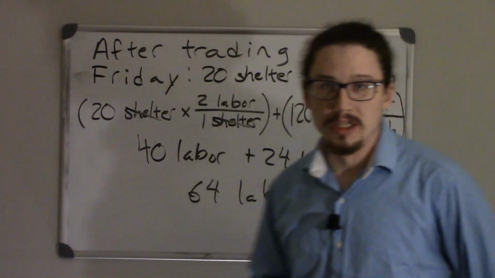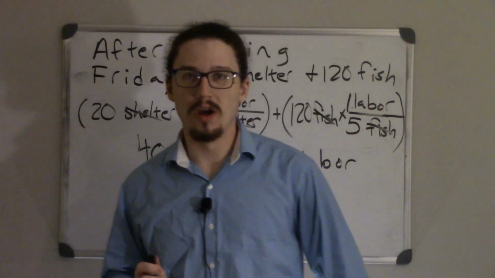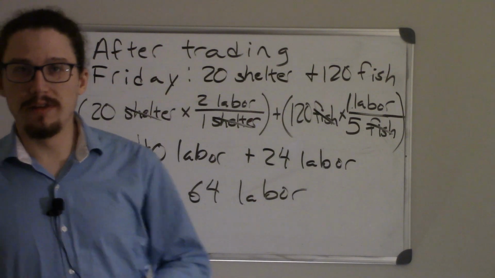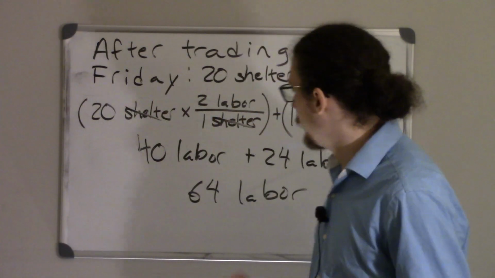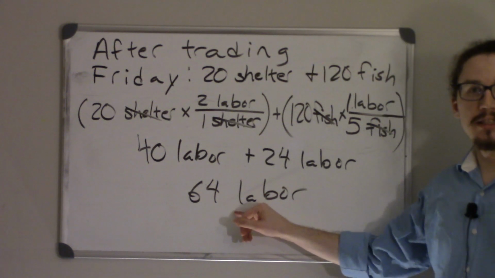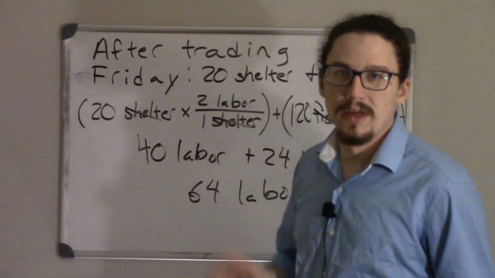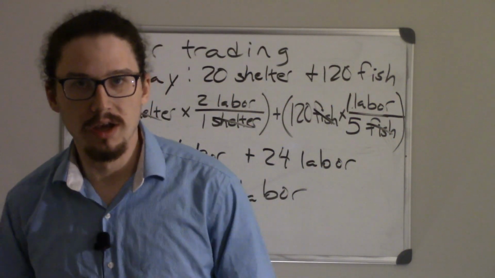So even in Friday's case, we see that this consumption bundle, 20 units of shelter, 120 units of fish, is above Friday's capabilities if Friday is having to produce everything on their own. So even though Friday had the absolute advantage in both shelter and in fish, Friday is still capable of being made better off through trade.